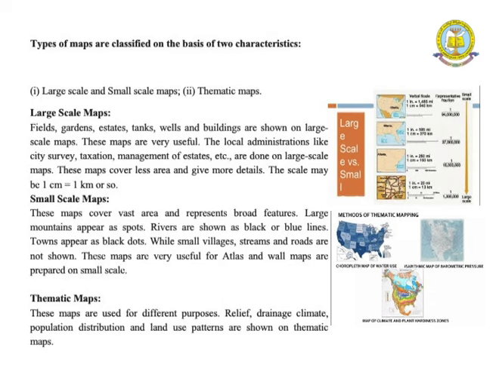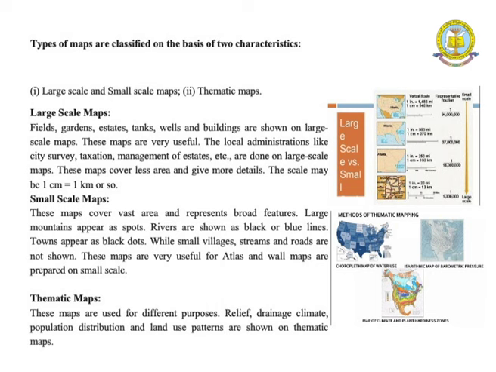There are systems called projections and datums, by which sometimes the shape is not compromised, sometimes the accuracy of distance is not compromised. So, depending on our need, we look for the appropriate datum and projection system. So, as I mentioned here, large scale maps and small scale maps.